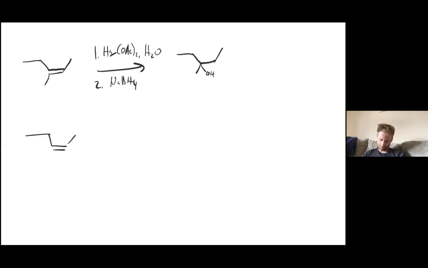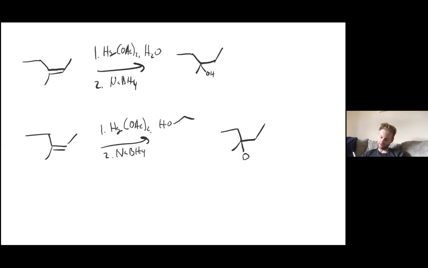If I add in mercury acetate with water here, versus if I do it with ethanol, instead of having an H on there, I'm now going to have an ethyl group.